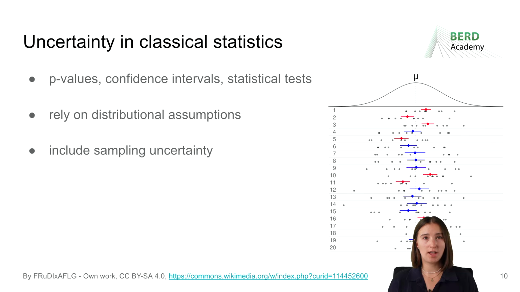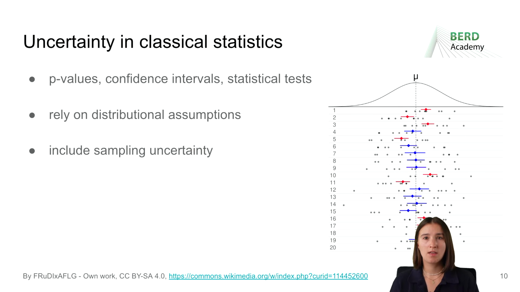First, we're going to check what we already maybe know about uncertainty in classical statistics. Maybe you already had a statistics 101 session where you learned about, for example, p-values, confidence intervals, or statistical tests. In the graphic here on the right, you can see confidence intervals, those red or blue lines.